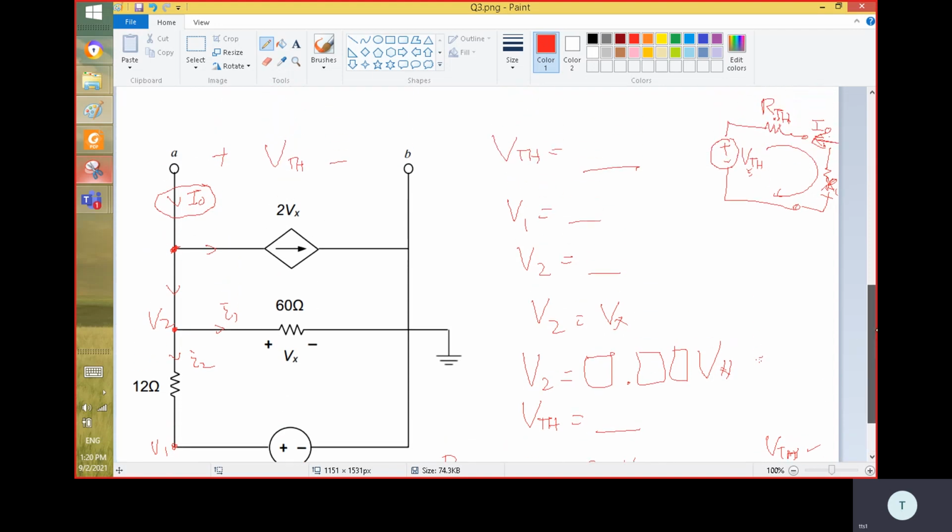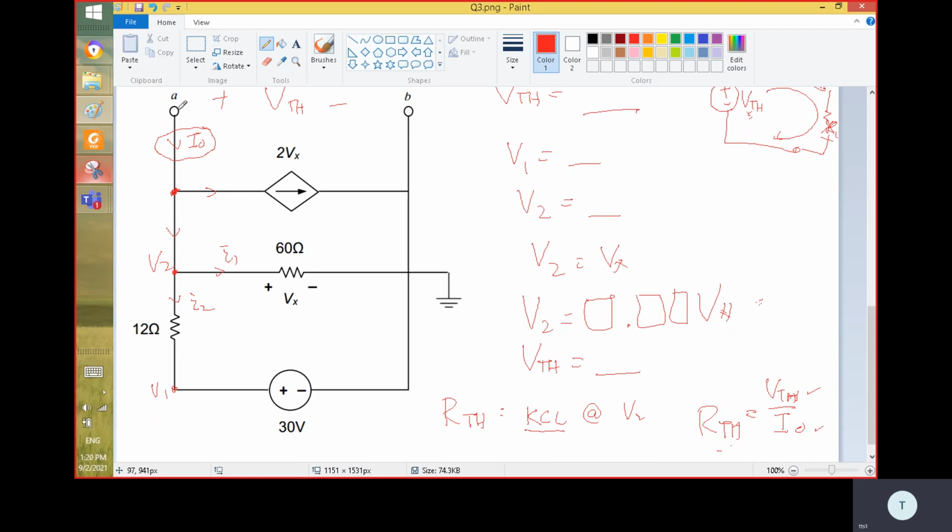So the KCL at V2 here, you see, we assume the I out is going down, and then another, we assume here I1 is going this way. That means the I1 is leaving the node V2. I out is entering the node V2, and now we have to assume another current here.